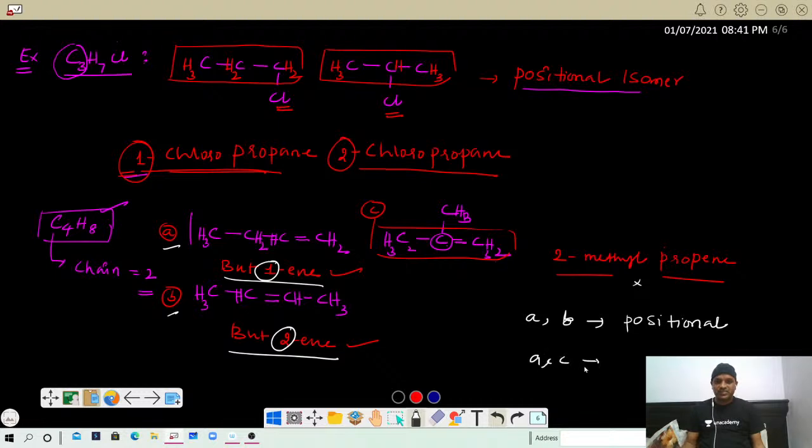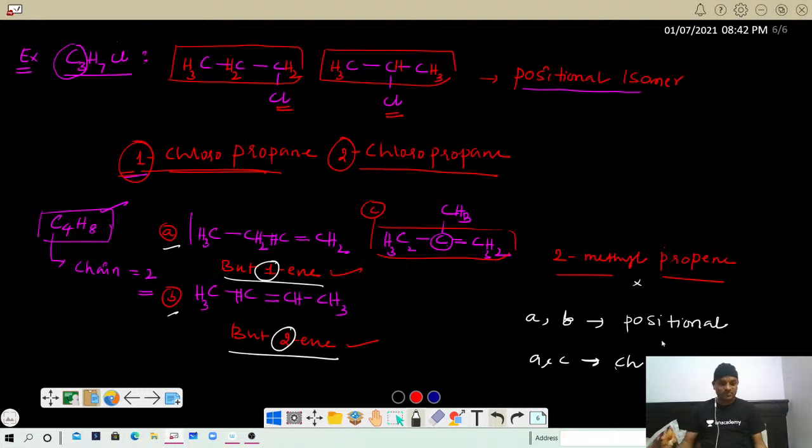And A comma C, which isomers are they? Come on, tell me. What is the answer? A comma C. Exactly, they are chain isomers.